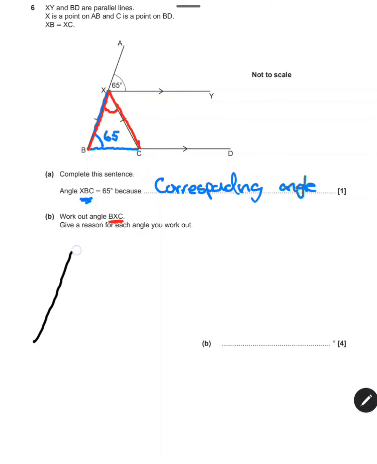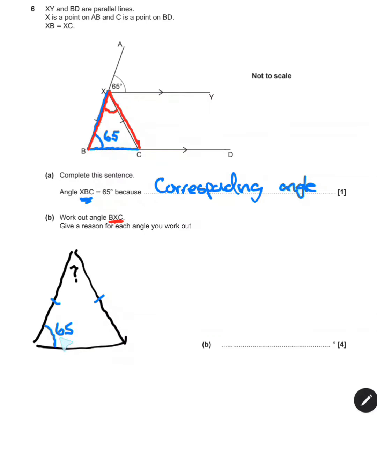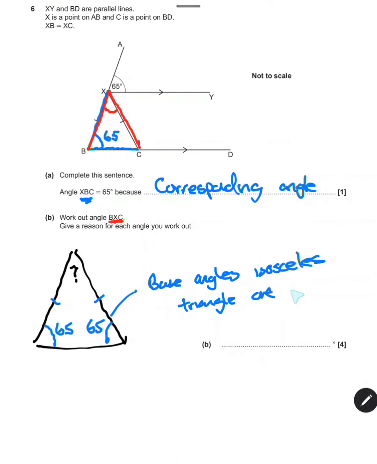If I quickly sketch the triangle again. So if this base angle is 65, this is an isosceles triangle, then this is also 65. And the reason: base angles in an isosceles triangle are equal.